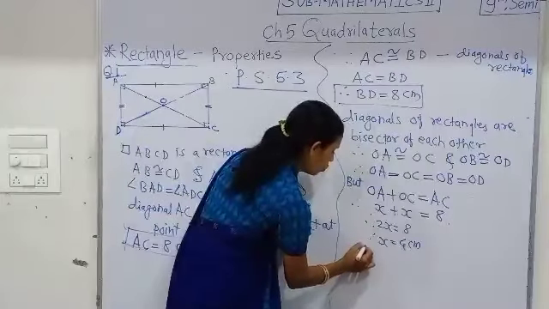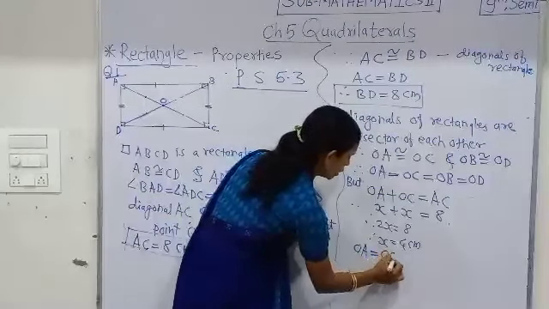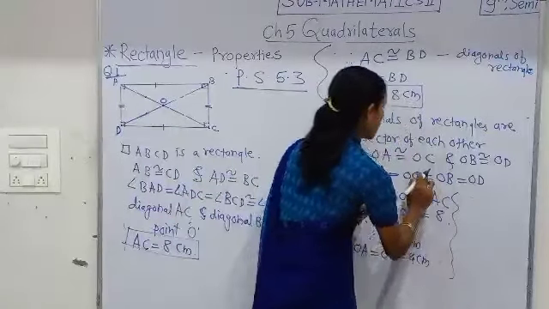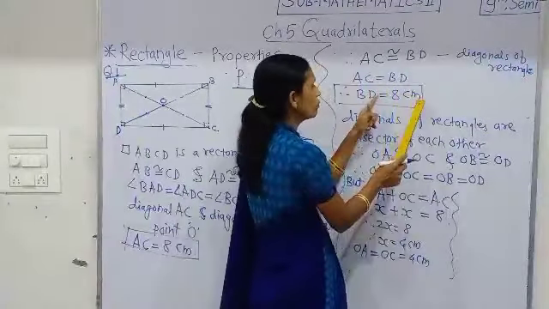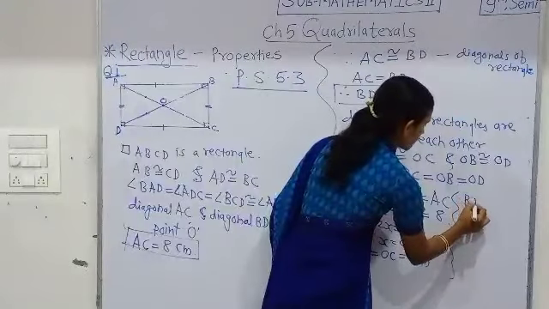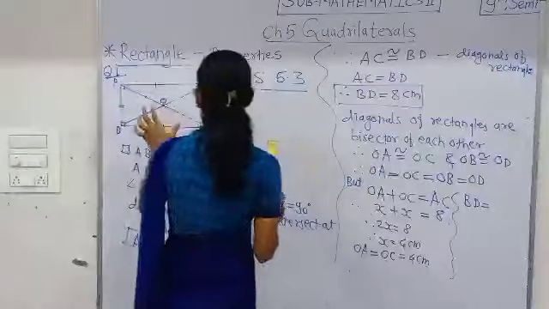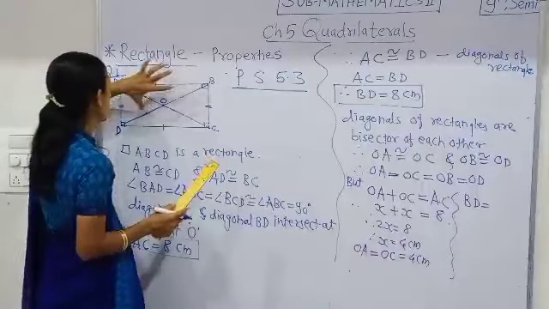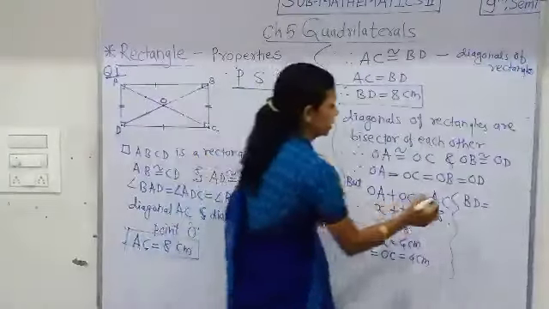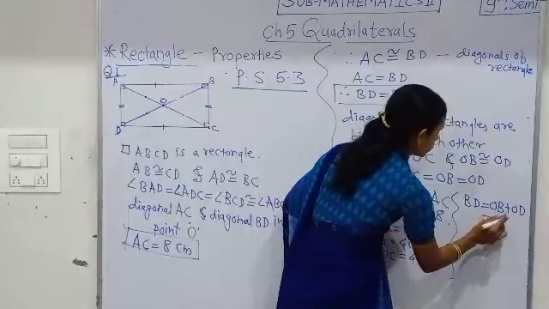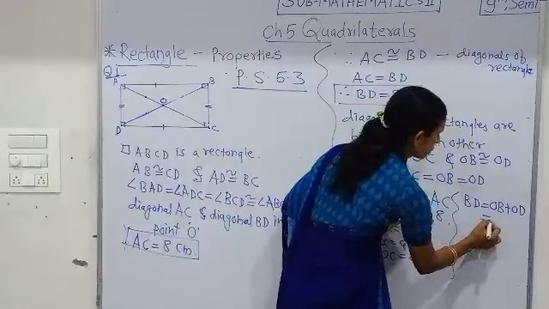That means OA or OC is 4 centimeter, as well as BD is 8 centimeter. But BD is equal to OB plus OD, and OB and OD are congruent.